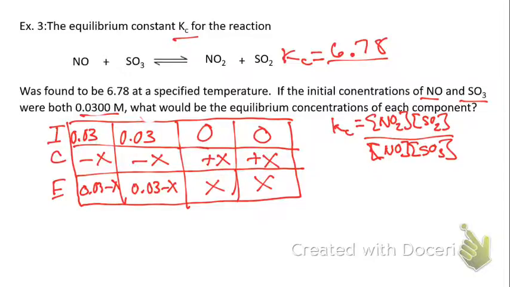So Kc, which is 6.78, is equal to x squared, because we take our products over our reactants, over 0.03 minus x, but since we got another term of that, we can square that term as well, because this times this gives us 0.03 minus x squared. So this is how the problem should look when we plug it into the equilibrium expression.